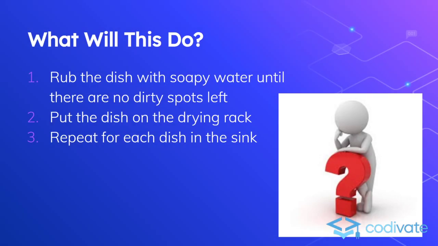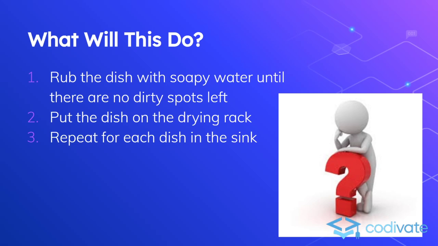Another example is this. What is this program going to do? 1. Rub the dish with soapy water until there are no dirty spots left. 2. Put the dish on the drying rack. 3. Repeat for each dish in the sink. Okay, the keywords here are soapy water, dish, sink, drying rack, things like that.